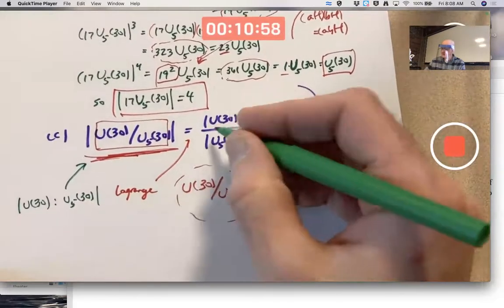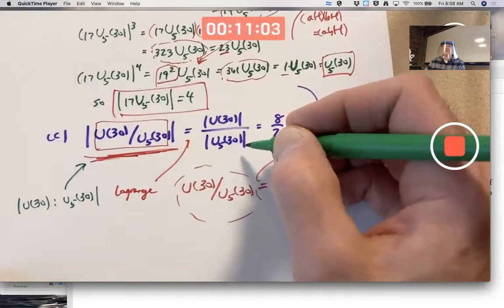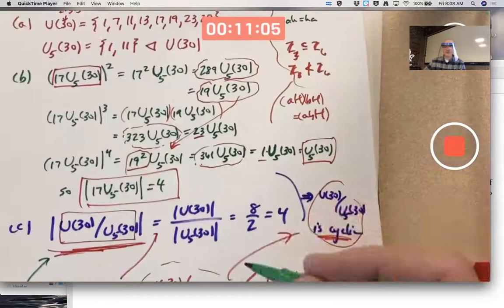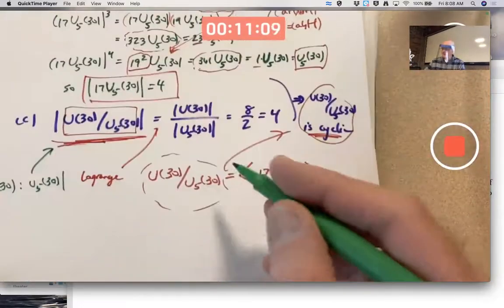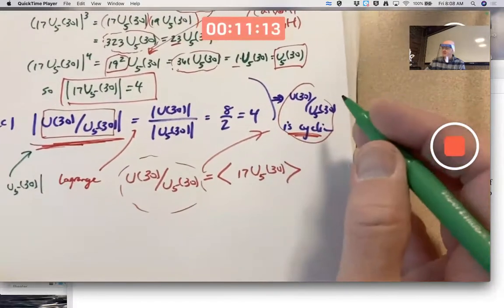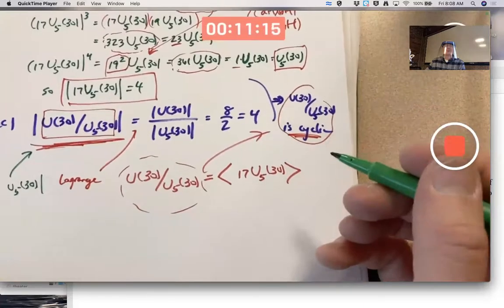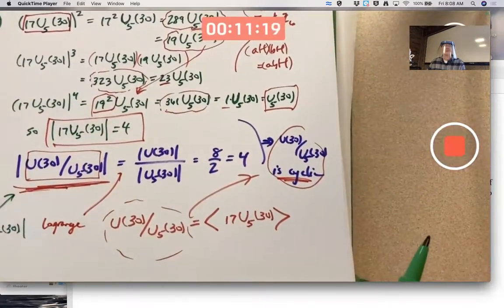And by Lagrange's theorem, that's the order of the entire group divided by the order of the subgroup. The order of the entire group, looking back up here, is 8, and the order of the subgroup is 2. There's 2 elements in the subgroup. 8 divided by 2 is 4. This factor group is a 4-element group. And hey, it's got an element of order 4, therefore it's got to be cyclic, and that's got to be a generator.